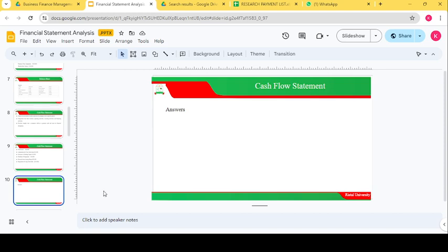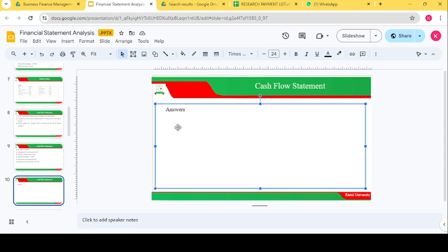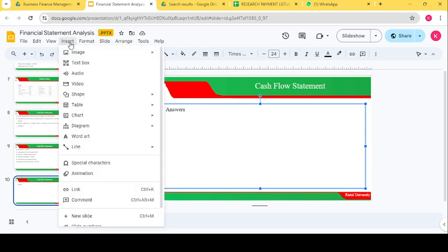So we shall come up with our table. We come to insert the table. This one will involve 2 columns, 2 rows, 2 columns.